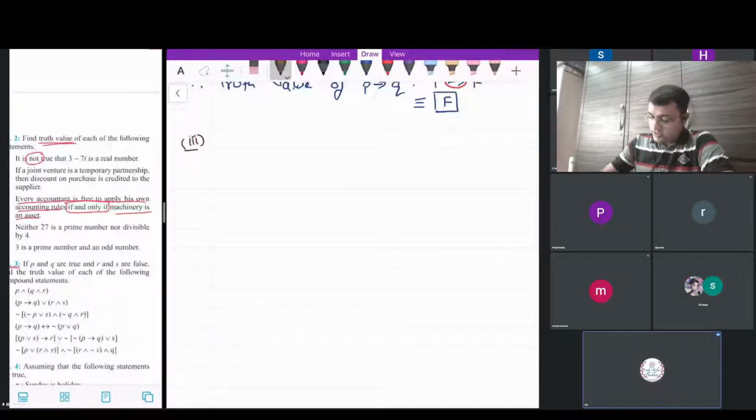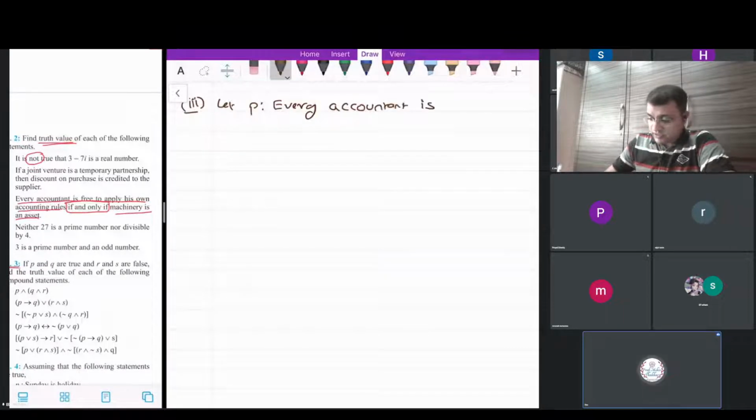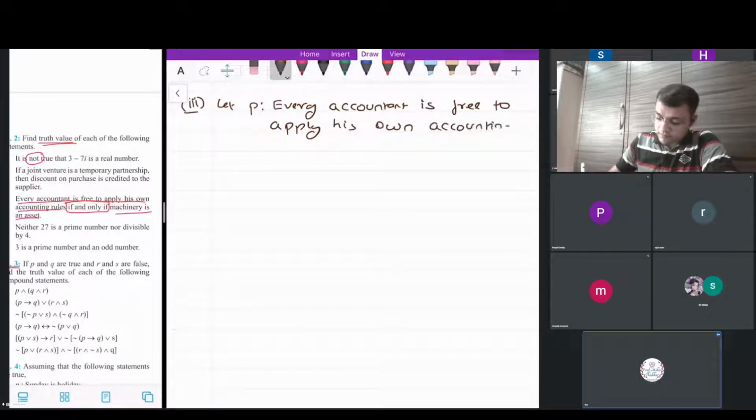Okay, so let us first of all think about P and Q. So I will consider P over there denotes every accountant is free to apply his own accounting rules.